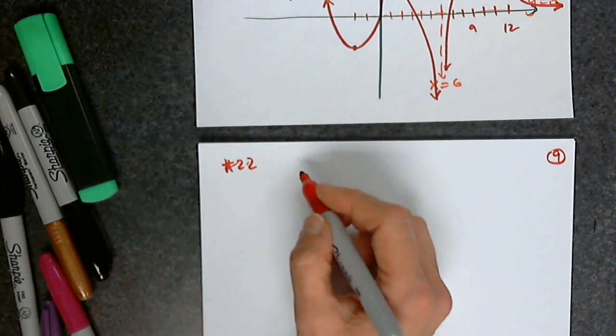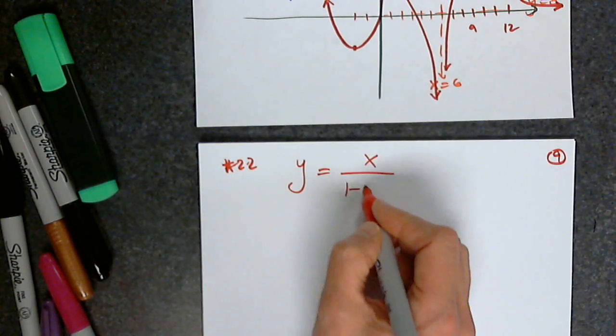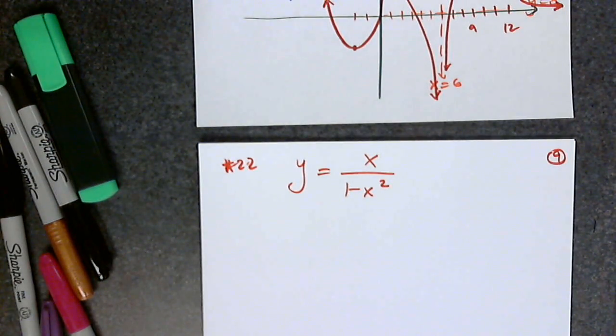So let's look at one more graph. y equals x over 1 minus x squared. I want you to work on this, please. Would you like me to line up the steps and we all do the steps at the same time, or do you want me to let you work on it for a few minutes?